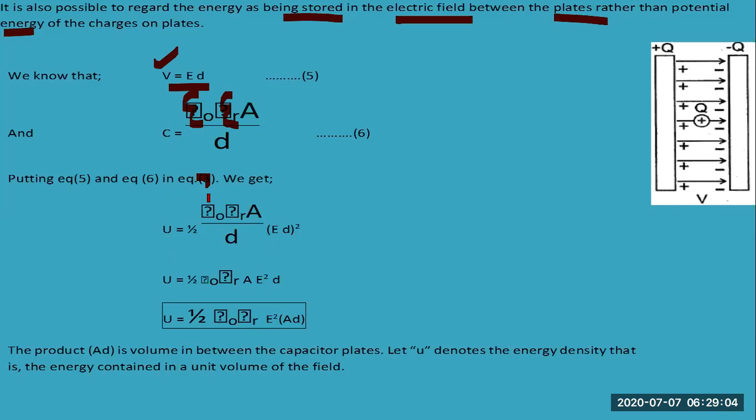So here is the C. If you put it in now, it will be epsilon naught, epsilon R. And when you put in the values, you will get this amount of energy.